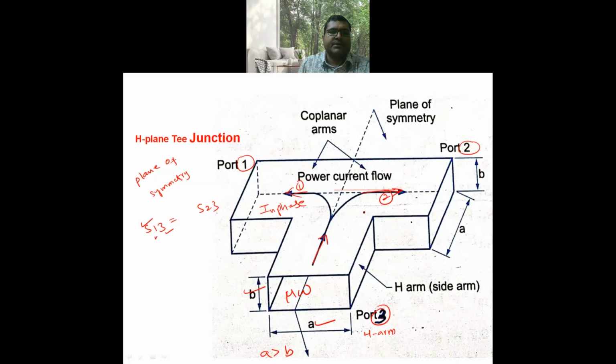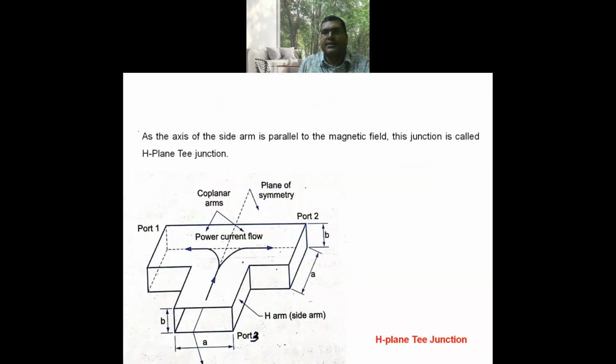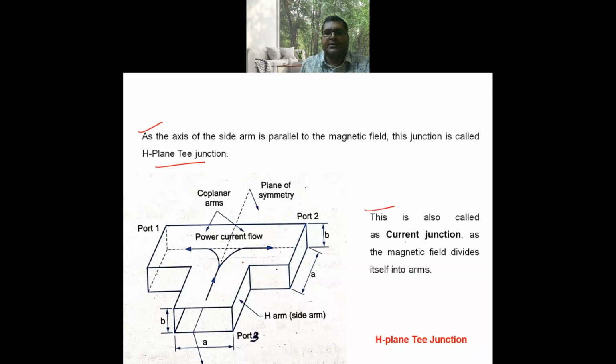That is, when microwave power is applied at port 3, it is divided equally between ports 1 and 2. As the axis of the side arm is parallel to the magnetic field, the junction is called H-plane T junction. This is also called a current junction, as the magnetic field divides itself into the arms.